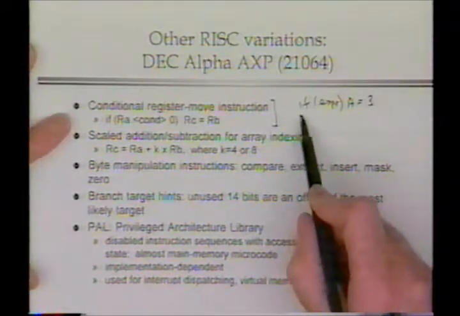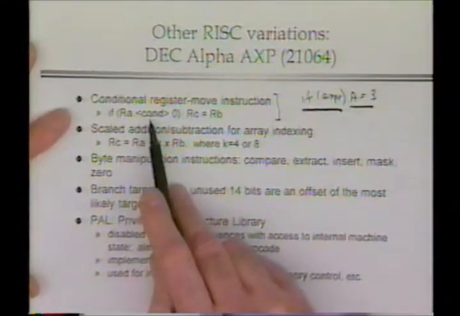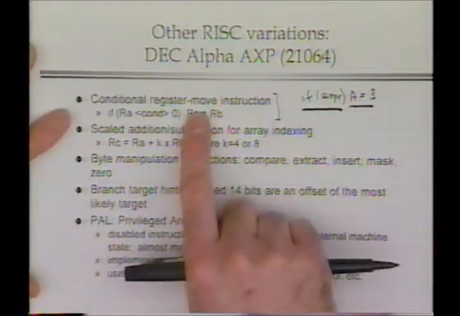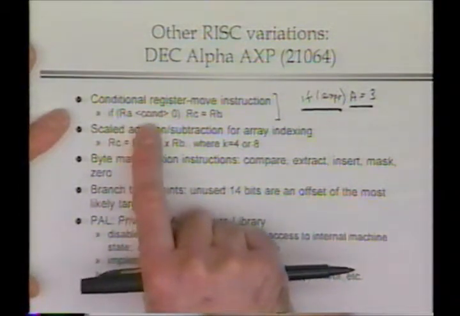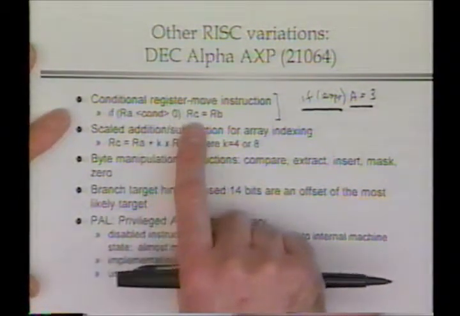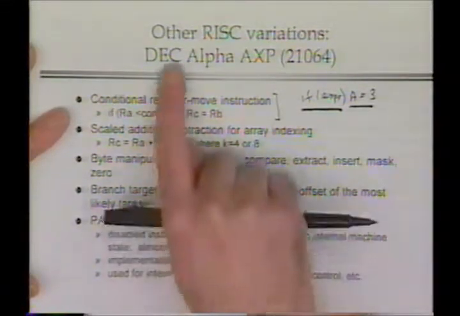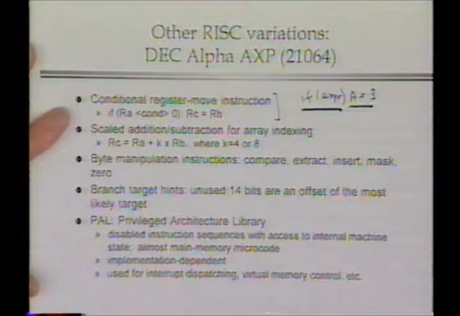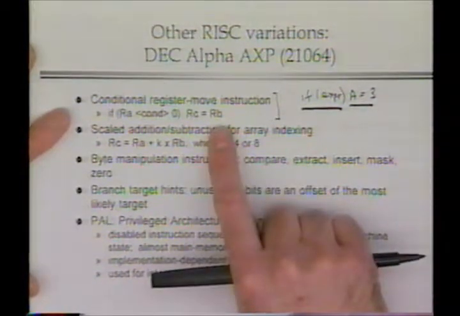Rather than compiling that into a test that branches around the assignment of that variable, define an instruction that's a conditional register move instruction that says if a register has a particular relationship to 0, then you do this assignment, otherwise you don't. Obviously, the people who designed the DEC alpha instruction set thought that this was common enough that it was worthwhile doing.